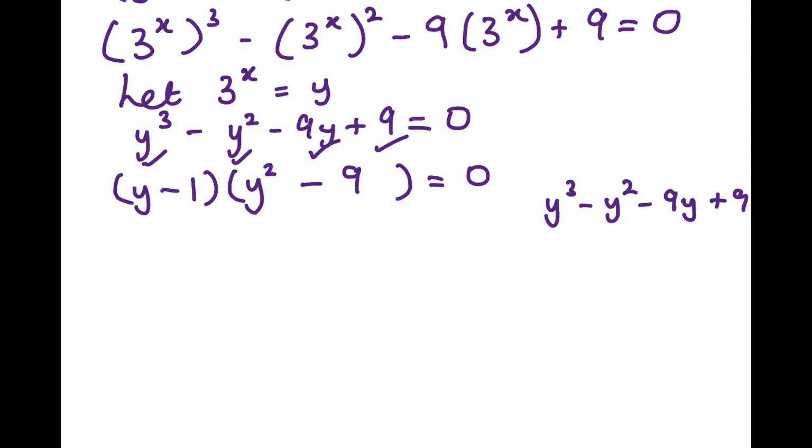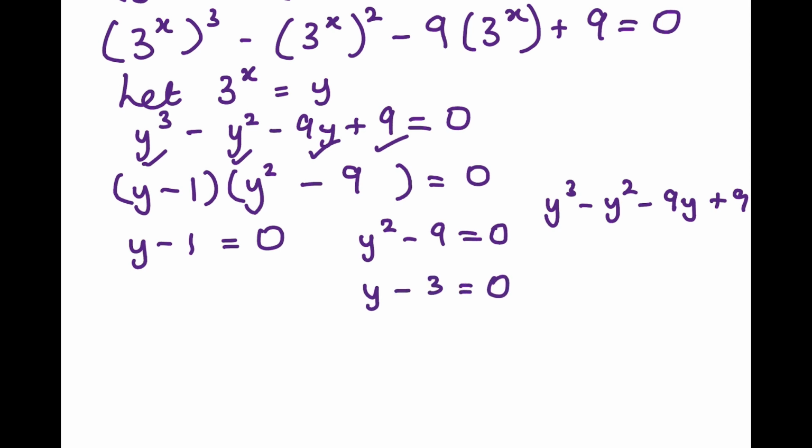I'm going to equate each bracket to 0. So we have y minus 1 equals 0 and y squared minus 9 equals 0. Now hopefully we can see that y squared minus 9 is a difference of two squares. So I'm just going to write to the side y minus 3 equals 0 and y plus 3 equals 0. And let's rearrange this to get y the subject.